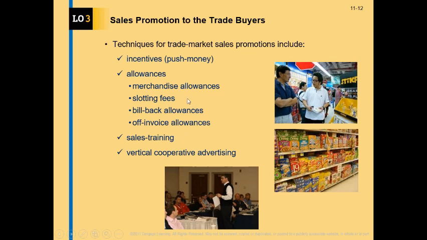slotting fees, bill back allowances, off invoice allowances. These are all forms of some economic benefits. You sell your merchandise to the retailer, and you give them a free case of your product for every 10 cases they buy from you, for example.